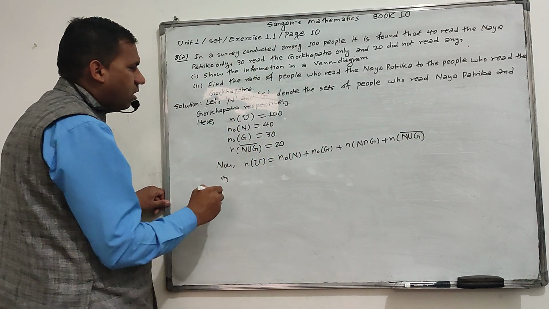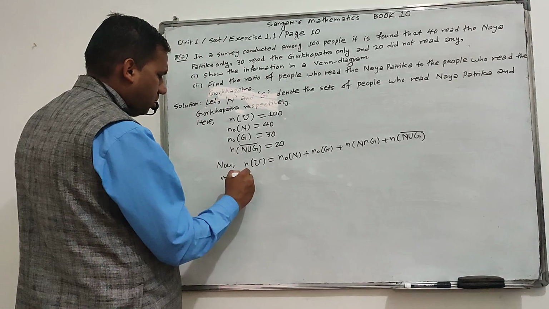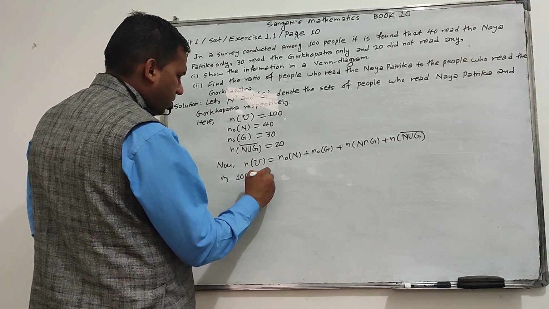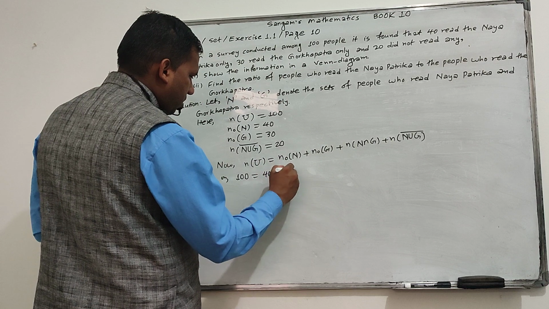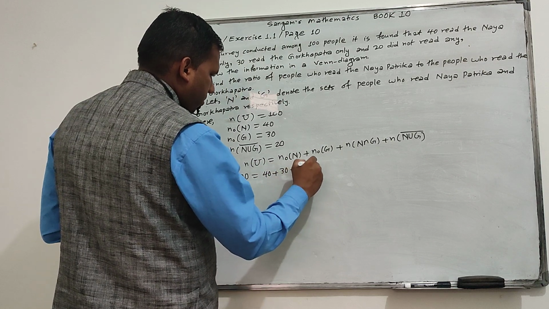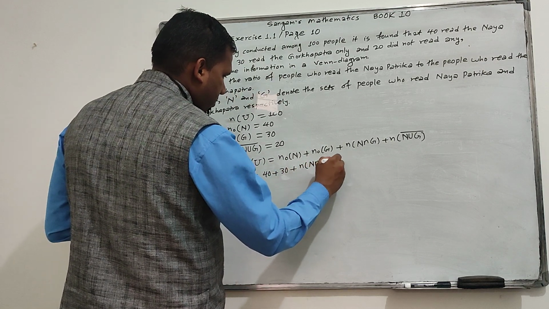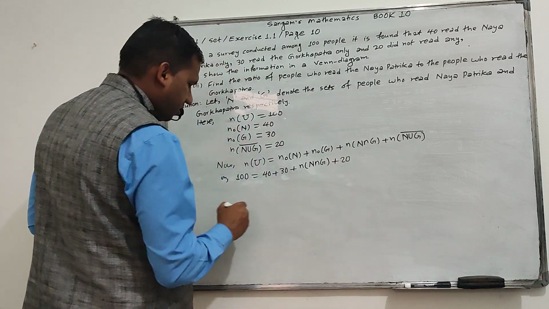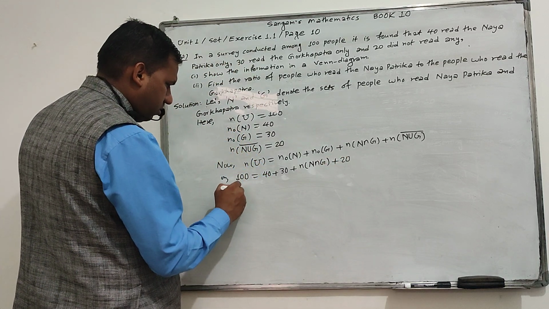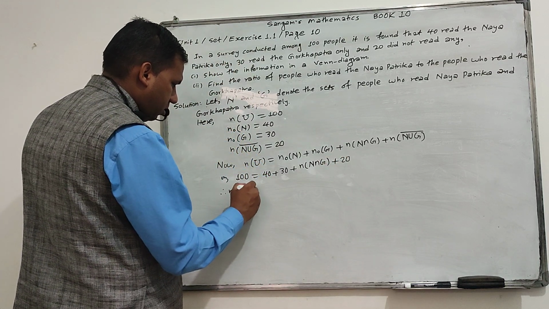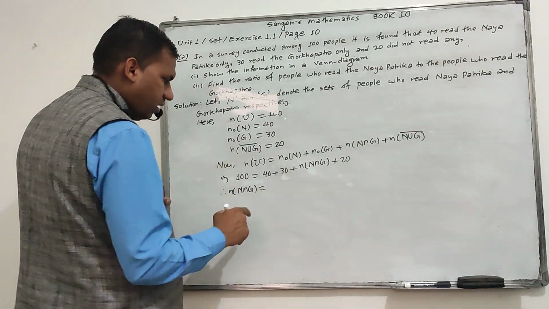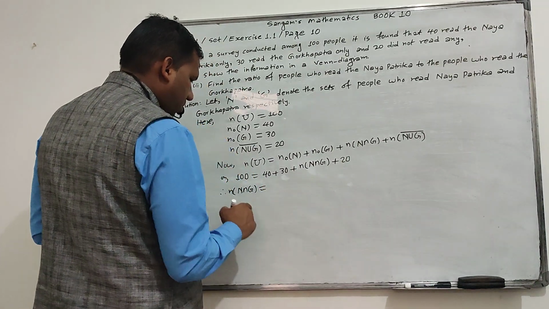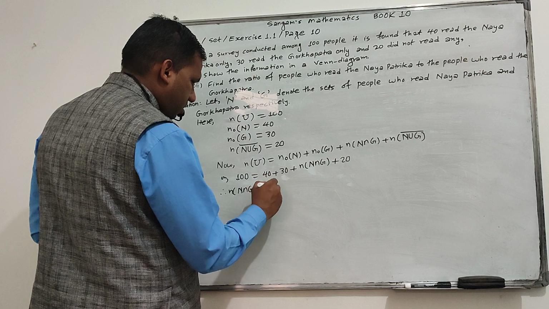So 100 equals n naught N 40 plus n naught G 30 plus number of N intersection G plus complement part 20. Therefore, number of N intersection G equals 100 minus 90, that is 10.